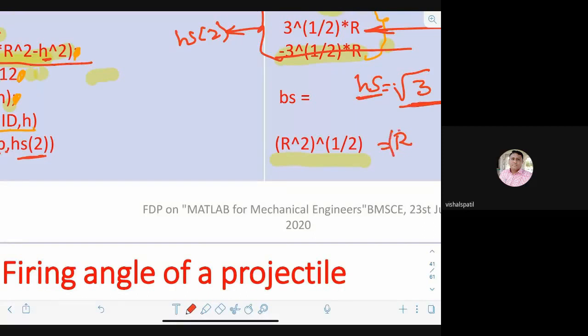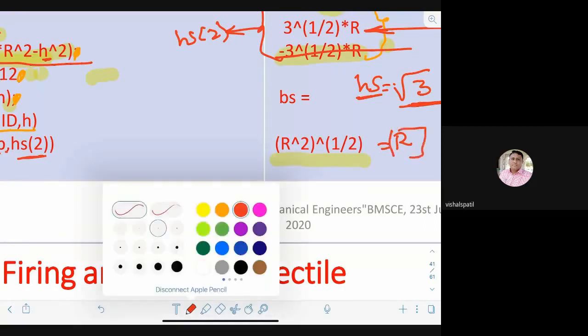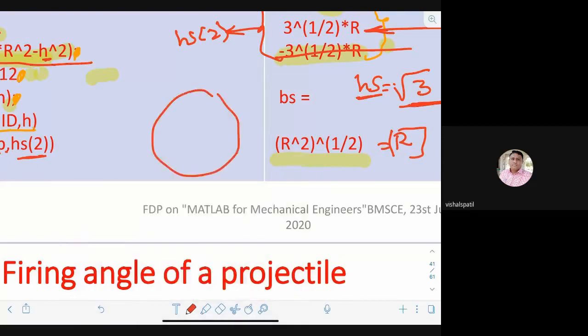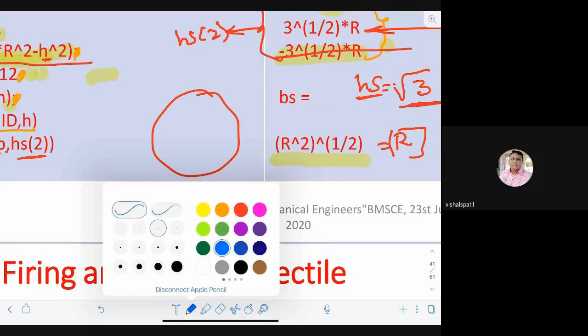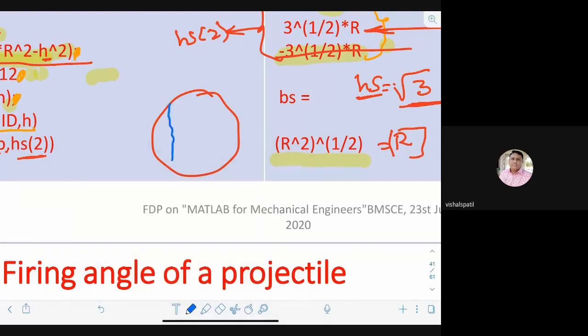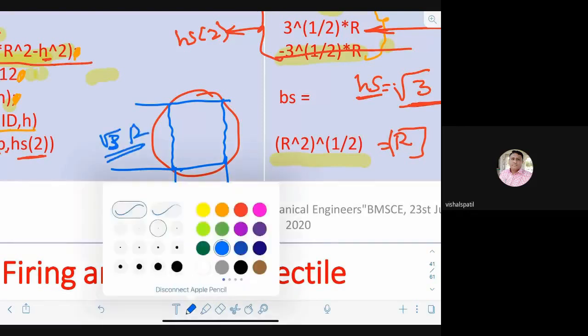So the optimum beam that you need to get from this log of wood is a rectangle whose width is equal to the radius and whose depth is equal to root 3 times the radius. This will be the optimum value that you need to look at.